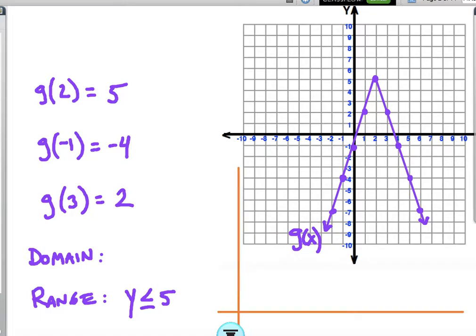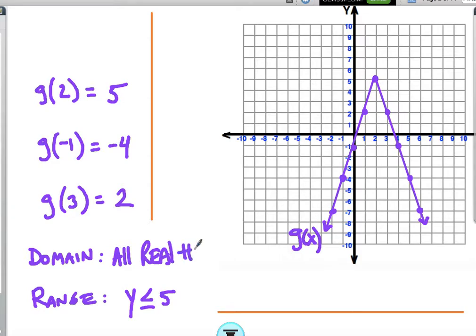They'll just be down and off the graph. So I can plug in any values of x I want. This would also be all real numbers, just like the last problem. And again, the symbol for that looks like an R with two little vertical lines.